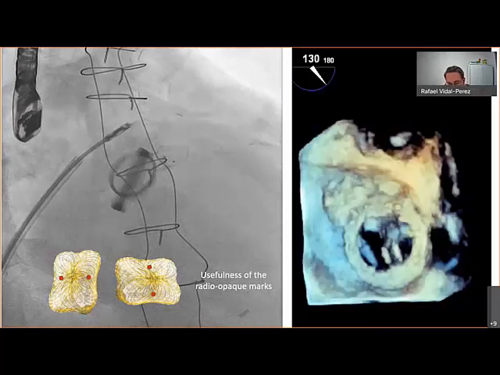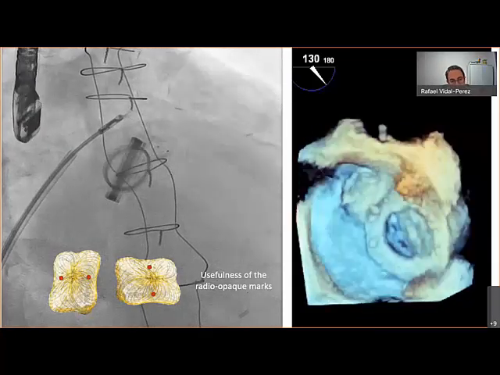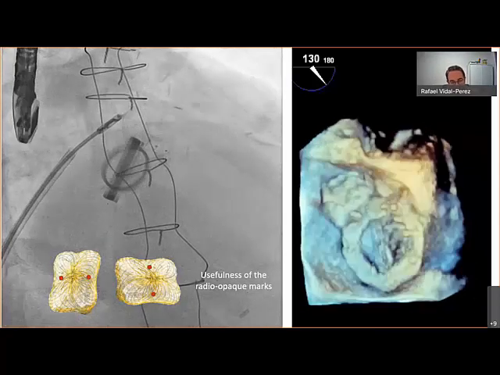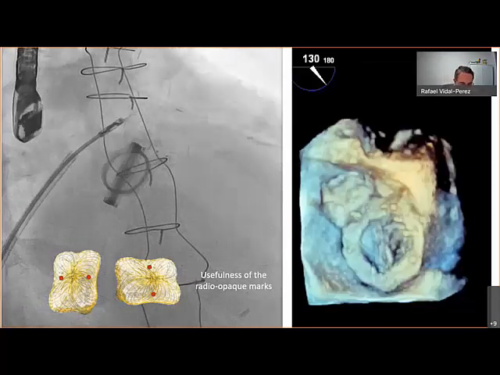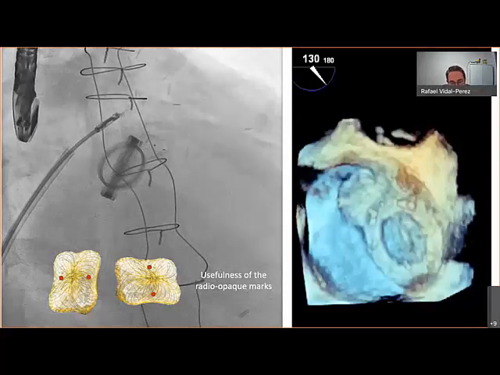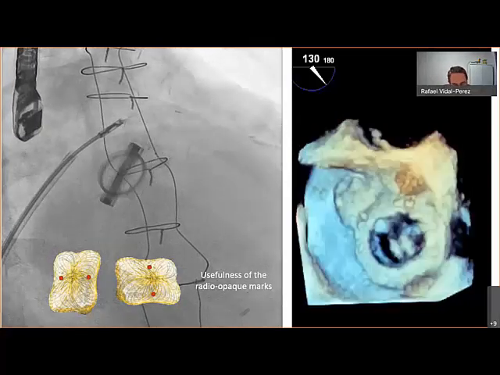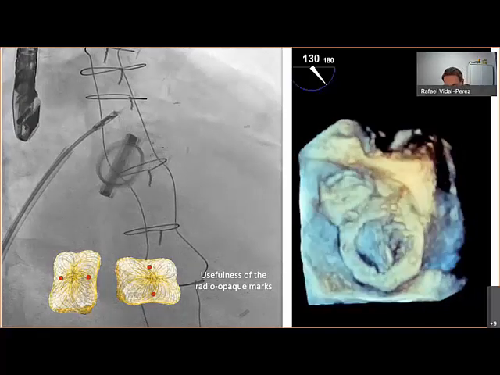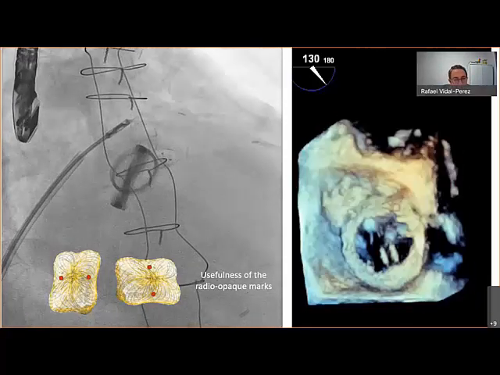Of course, we have the 3D image, but I think it's the combination of both, where the imaging specialist and the interventionalist get together with these two images at the same time. So you need guidance in the two areas, in fluoroscopy and imaging.